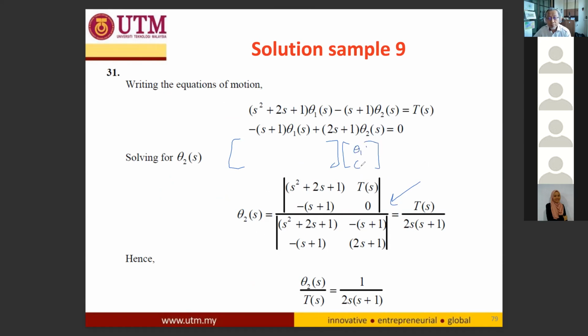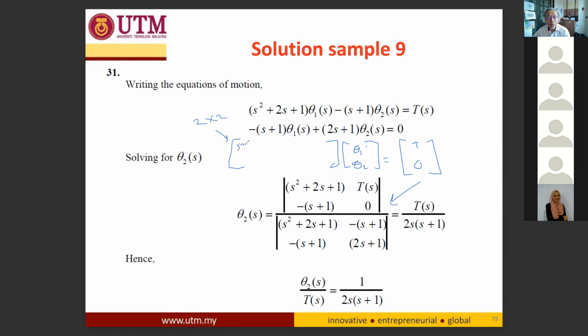Theta 1, theta 2 is equal to E and 0. So this part, we have a 2 by 2 matrix.